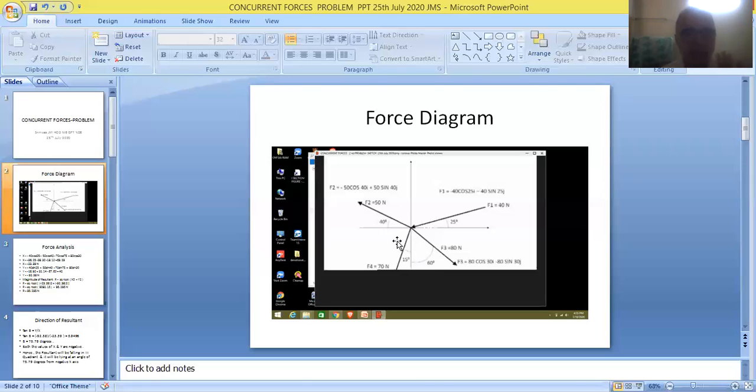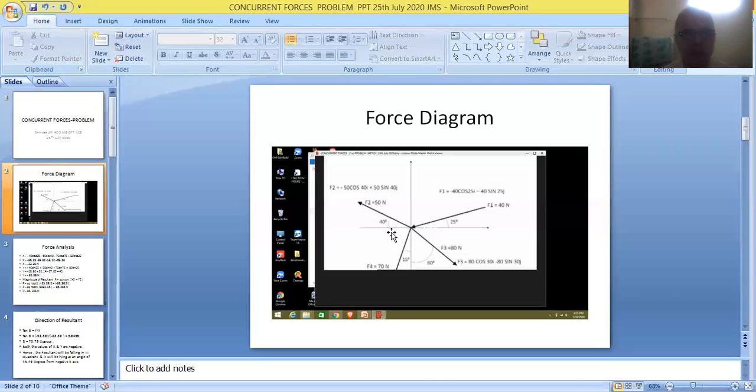The total value of this angle is 90 degrees, so 90 minus 15 comes to 75.